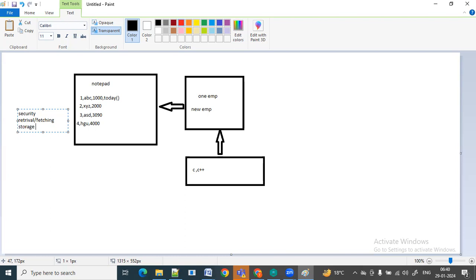Storage is one kind of issue we will experience in a notepad or a documentation kind of thing. Now, once we don't have security for the data, what will we be losing?